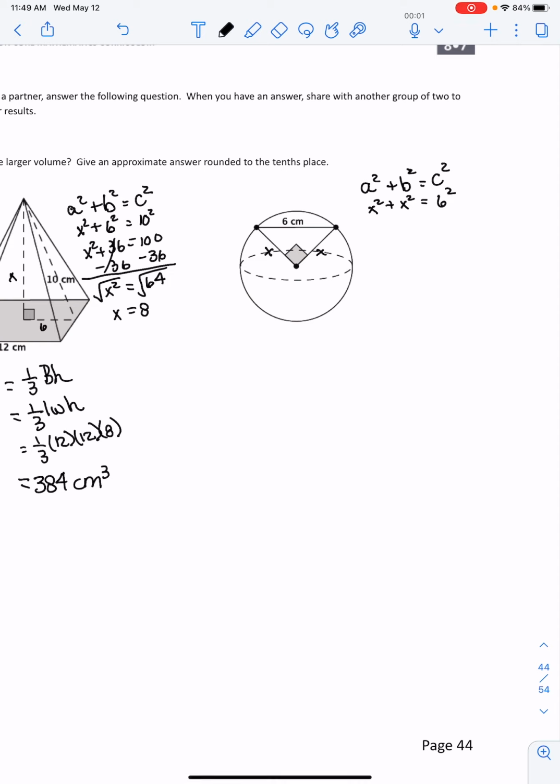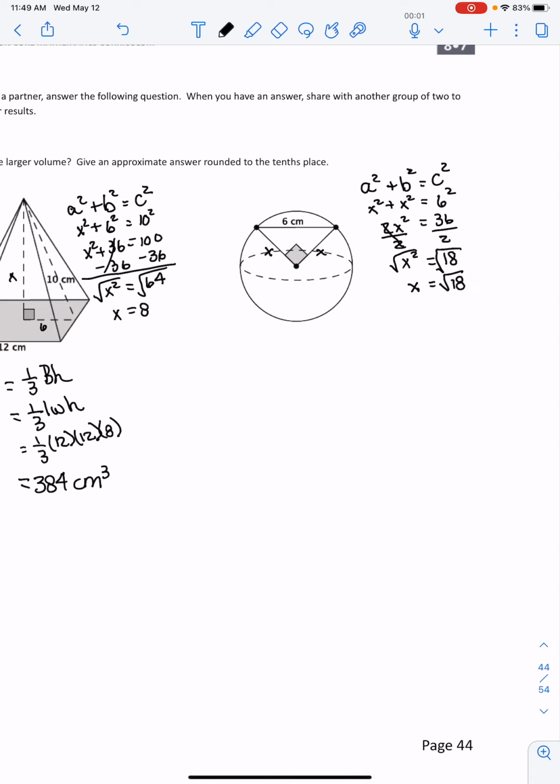So here I have 2x squared equals 36. Divide both sides by 2. So I have x squared equals 18. If I take the square root of that, I have x is going to equal square root of 18.